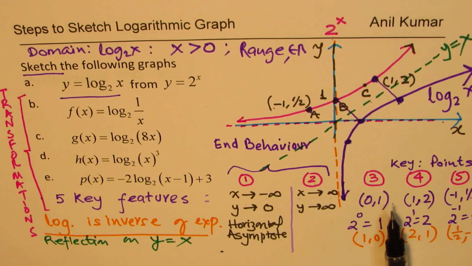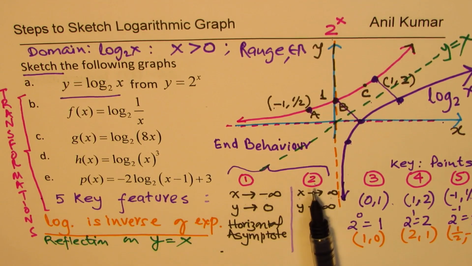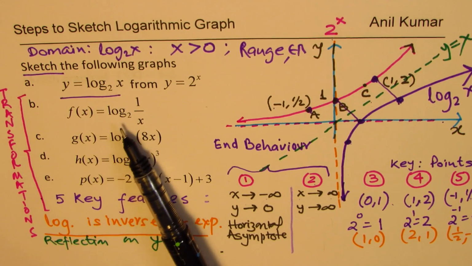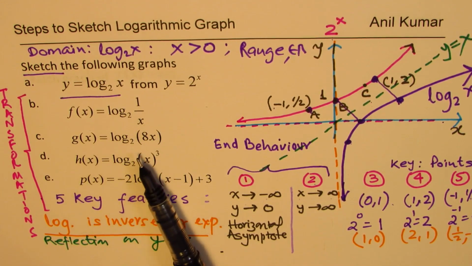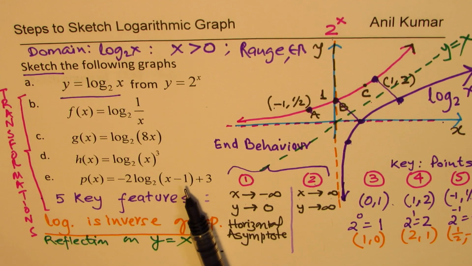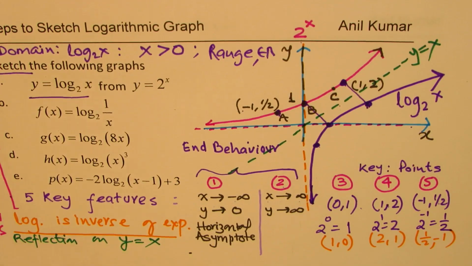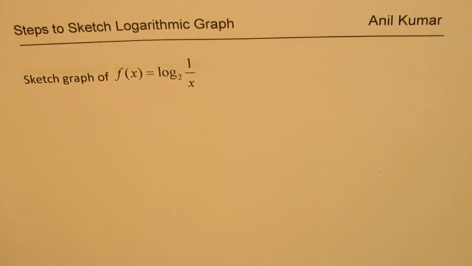We are now going to see all these transformations with respect to these 5 key features, right? And we'll sketch the graph of log to the base 2 of 1 over x, 8x, x cubed, and here we'll sum up everything we have learned so far. Perfect. So let's now take the next graph, which is f of x equals log to the base 2 of 1 over x.